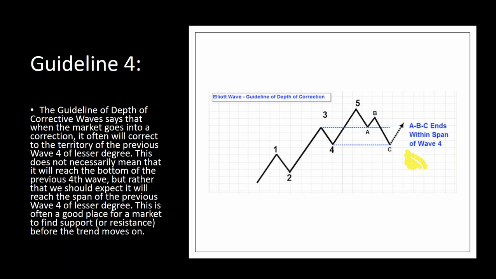So when we go to our correction phase, which is the A, B, and C, see the move between 3 and 4?